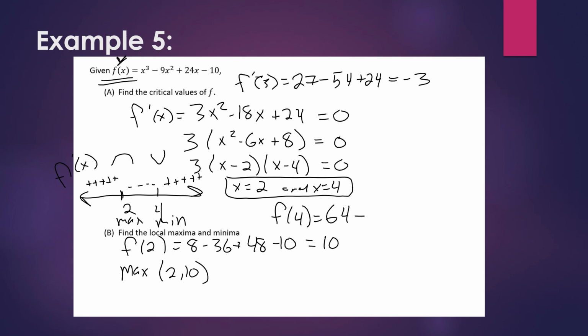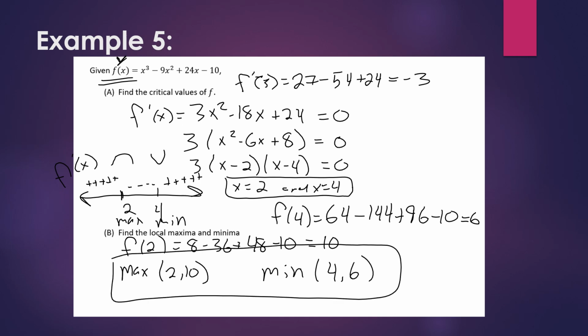Minus 9 times 16, that's going to give us 144. Plus 24 times 4, 96, minus 10. So 64 minus 144 plus 96 minus 10 is 6. So my min is at (4, 6). These would be my values.